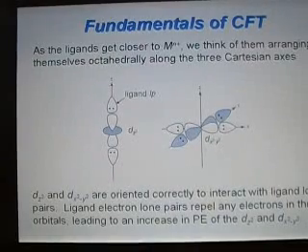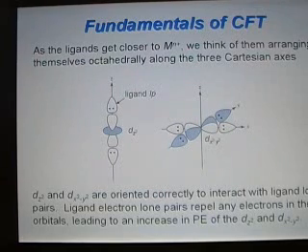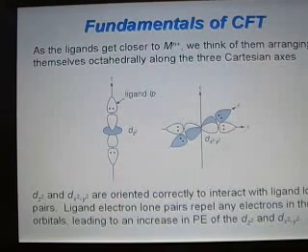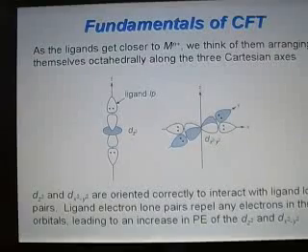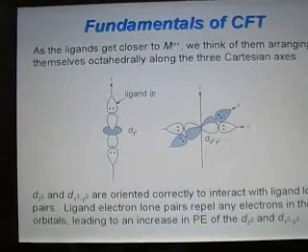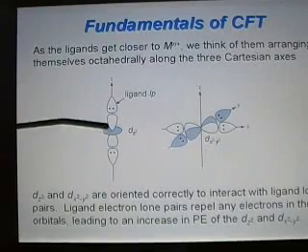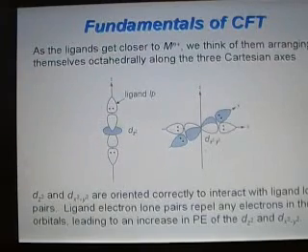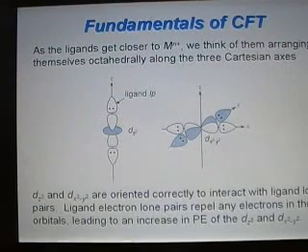Since the dz squared and dx squared minus y squared orbitals are oriented in the appropriate way to interact with 6 ligands, what happens is that the repulsion between the electrons on the metal cation and on the lone pairs causes an increase in energy for the dz squared and dx squared minus y squared.